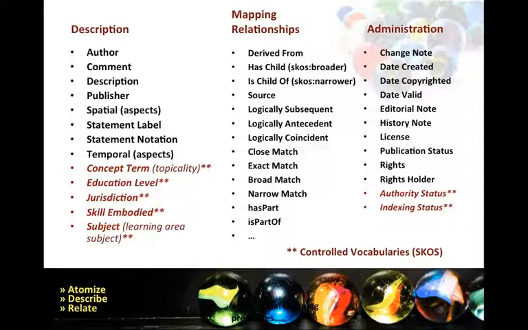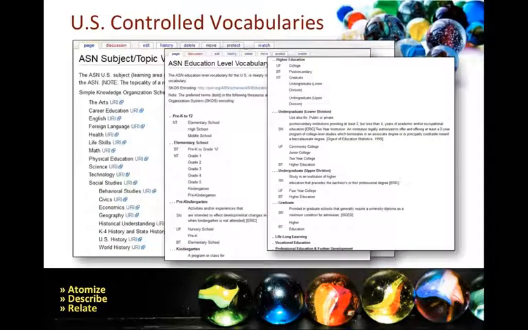A fairly rich array of properties to describe these achievement standards. The ones in red here are all controlled vocabularies. In other words, they are vocabularies where very precise terminology has been used. Most of those terms are also assigned URIs so that they too can be linked to. A few of them here are the ASN US subject topics. These are the curricular topics in the US.